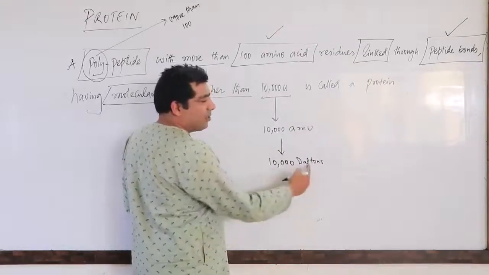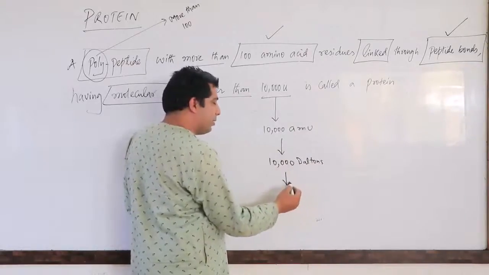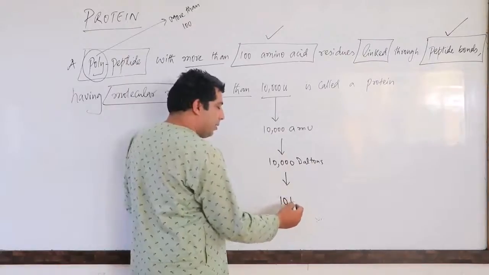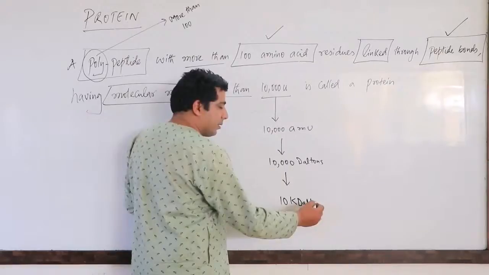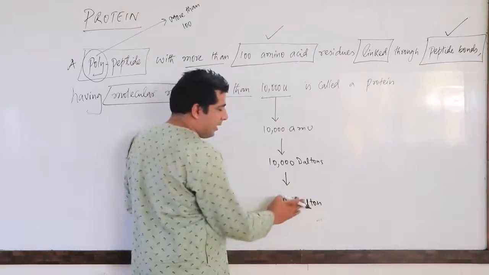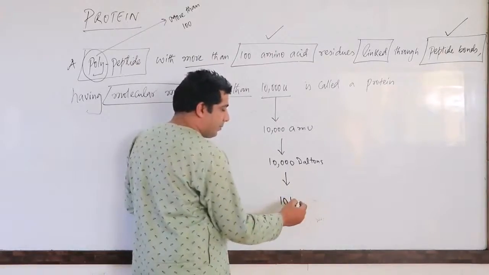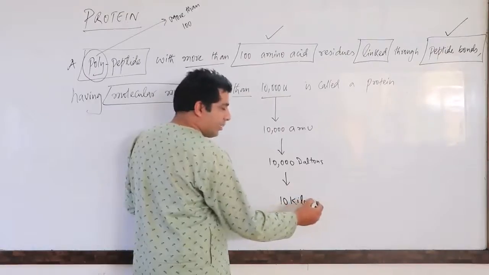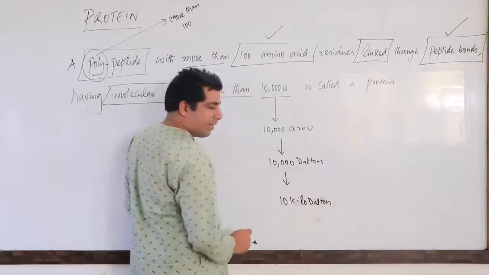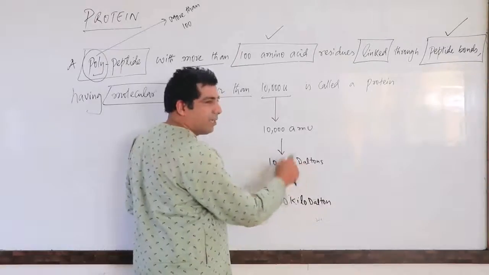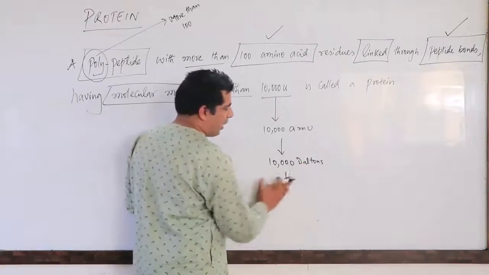In place of 10,000 Daltons, you can also mention 10 kDa. What is that kDa here? It is nothing but 10 kilodalton, and that will be your 10,000 Daltons. So this much is not required here.